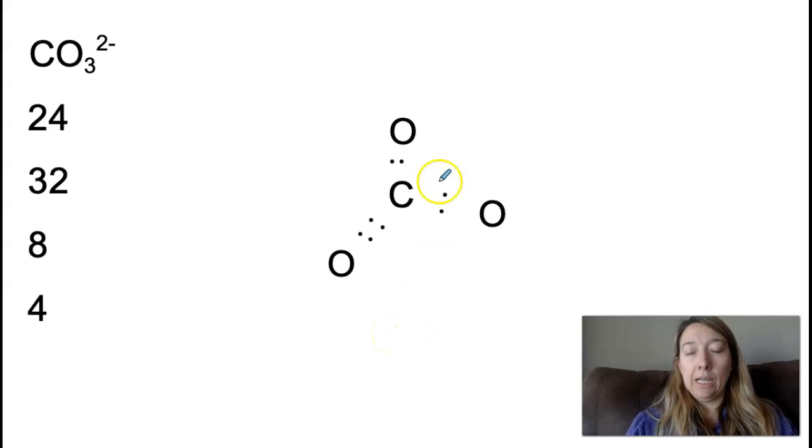Then from here, we're going to fill up our valence shells. So carbon in the middle already has 2, 4, 6, and 8. It doesn't need any more. My O over here has 2. So 4, 6, and 8. This O has 2. So 4, 6, and 8. And then this over here already has 4.